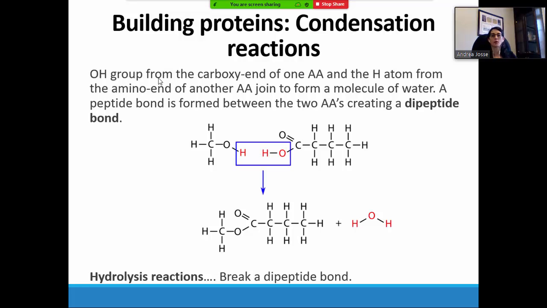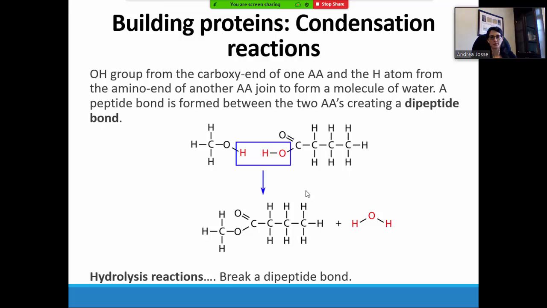Okay, so essentially what a condensation reaction is, it takes the OH group from one amino acid and the H group from the other, and it joins them together. Okay, so the OH group from the carboxy end of one amino acid and the H atom from the amino end of another amino acid joins to form a molecule of water, and a peptide bond is formed between two amino acids, creating a dipeptide bond.